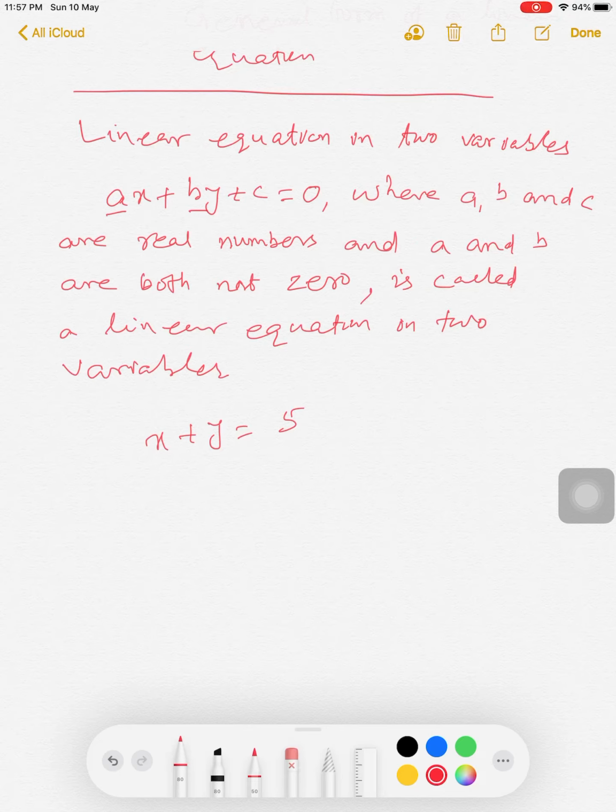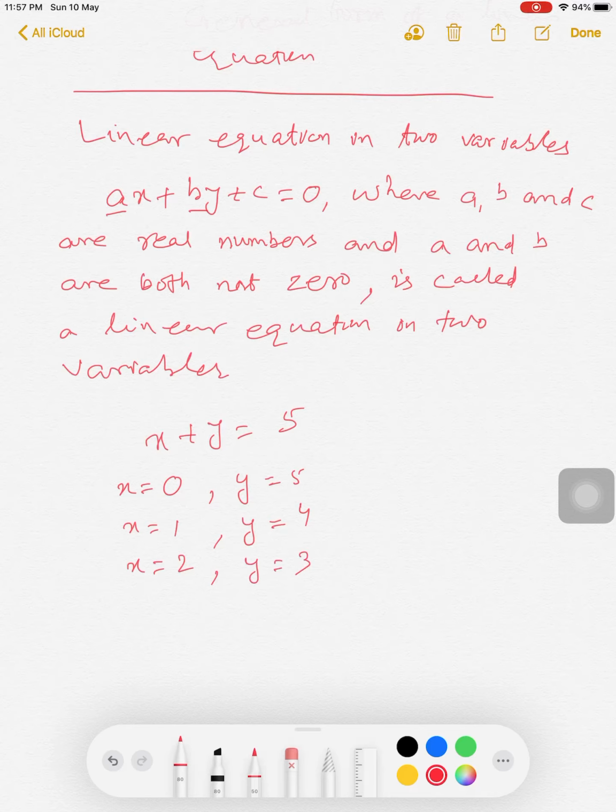Then we have different values of x and y for which we can solve this equation. Okay, if I take x equal to 0, then what happens?